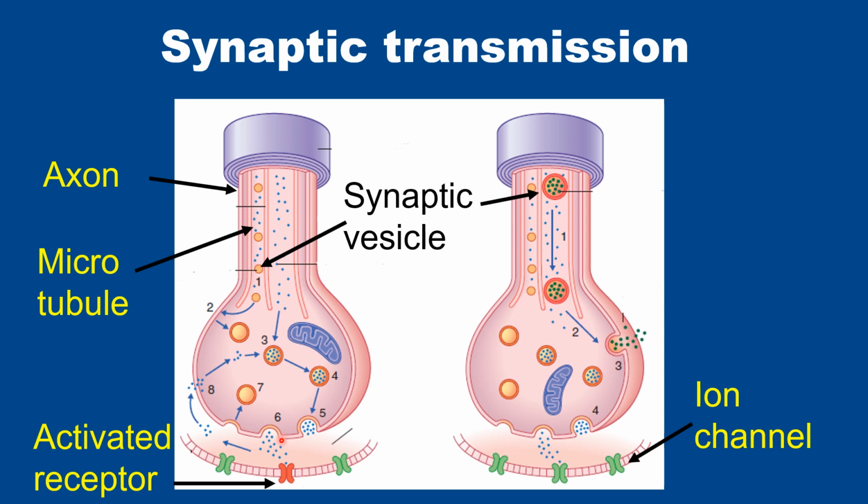The transmitter molecules cross the synaptic cleft and activate the receptors in the postsynaptic membrane. This event depolarizes or hyperpolarizes the postsynaptic neuron, resulting in excitation or inhibition.